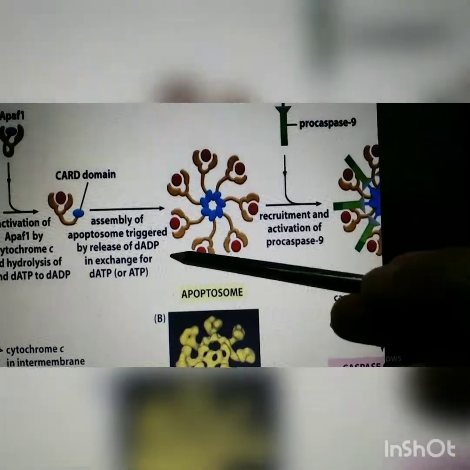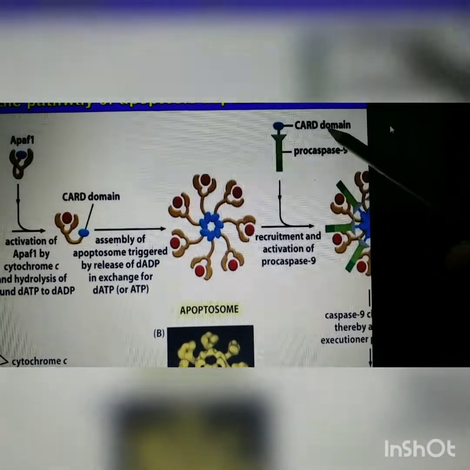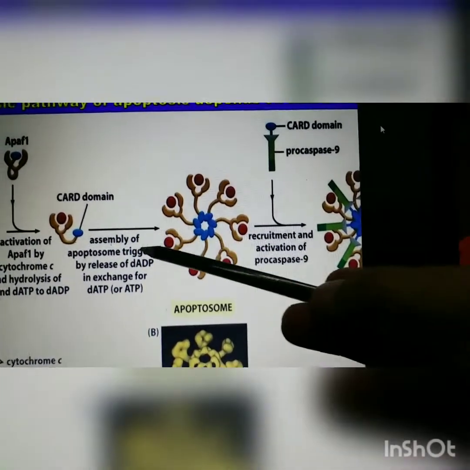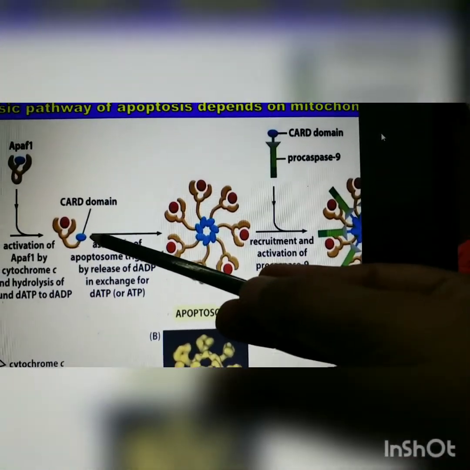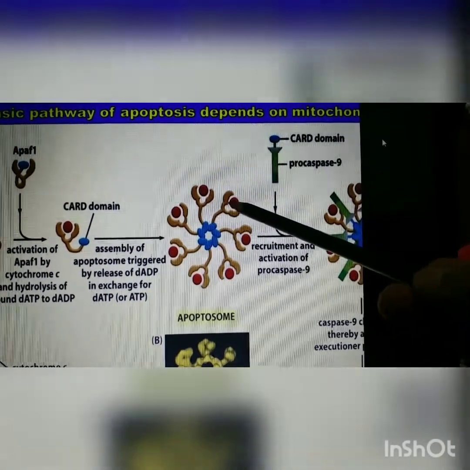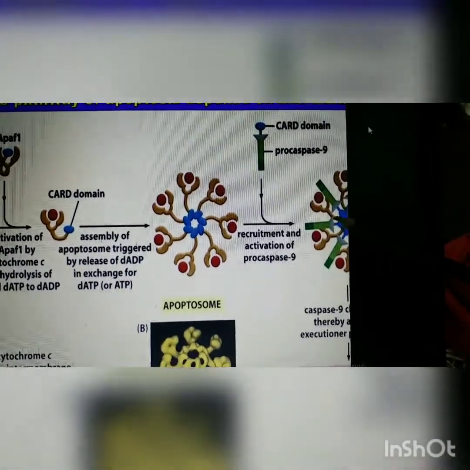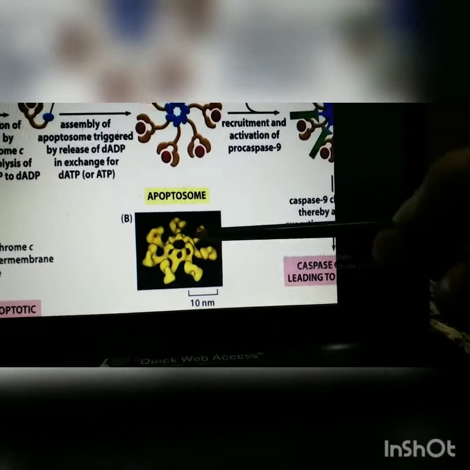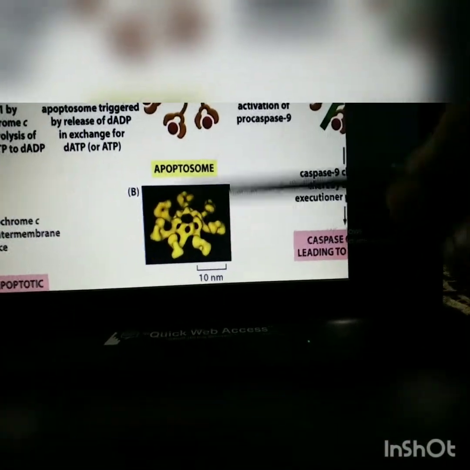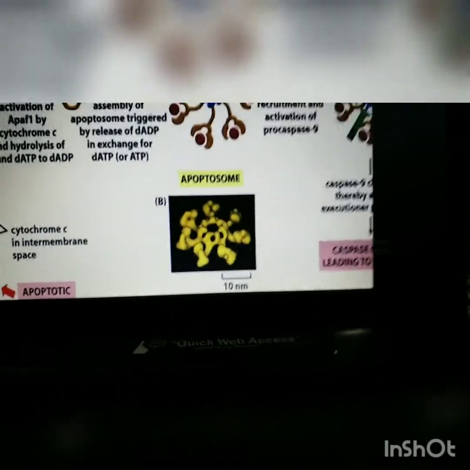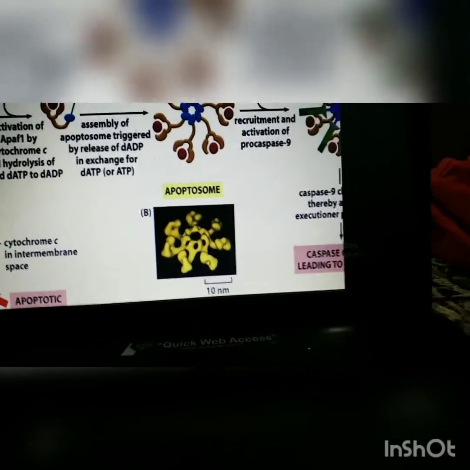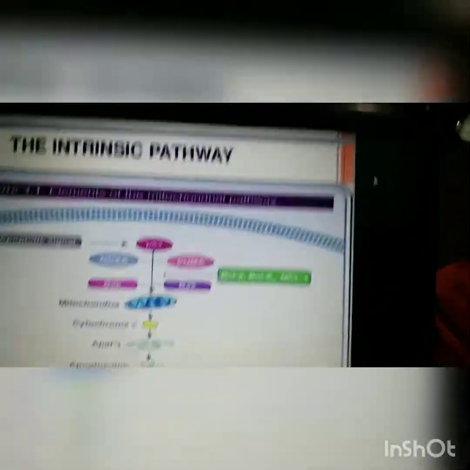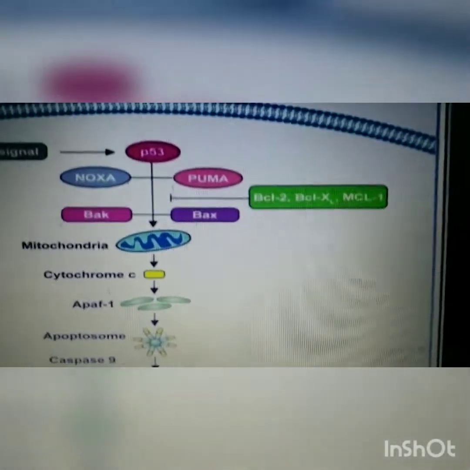This combines with the CARD domain, and we have procaspase 9 attached to the CARD domain. See, procaspase 9 is arranged here, and it forms a structure called the apoptosome. And this apoptosome activates procaspase 9 and then procaspase 3 and then results in apoptosis.